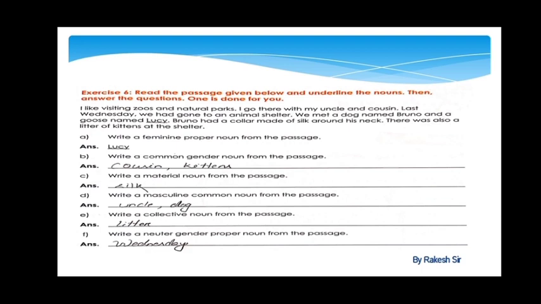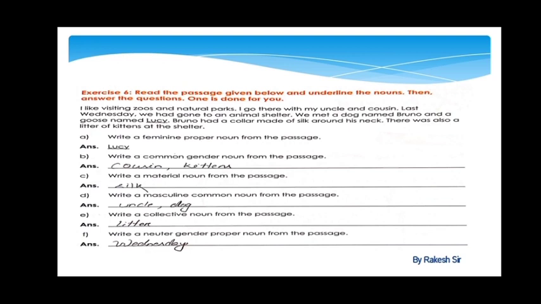Write a neuter gender proper noun from the passage. As I said before in class, month, day, any one we can write as neuter. So here Wednesday is the neuter gender. Wednesday, I already told you.